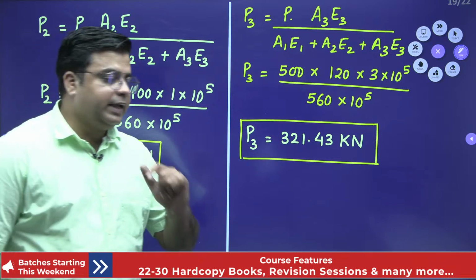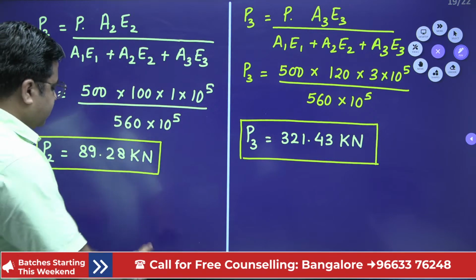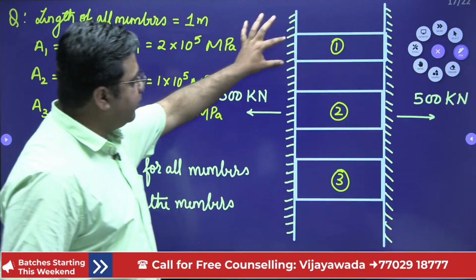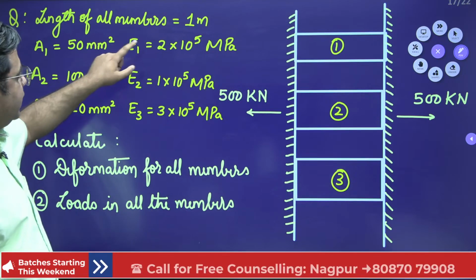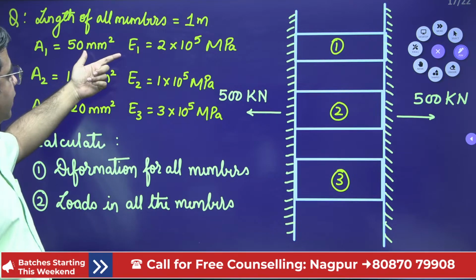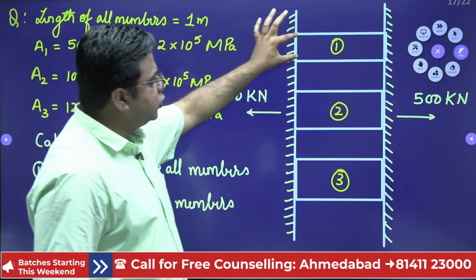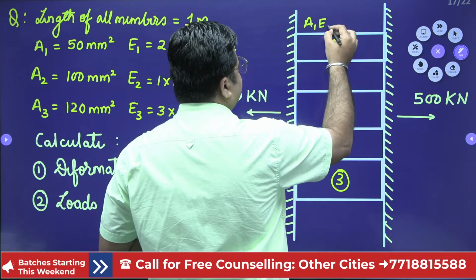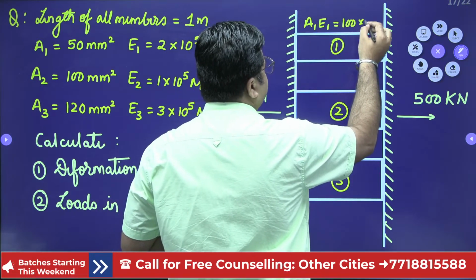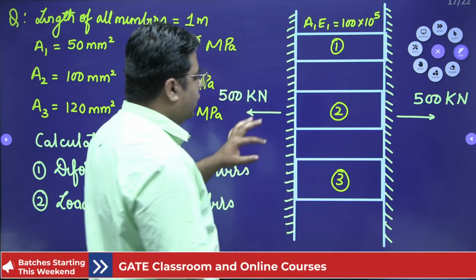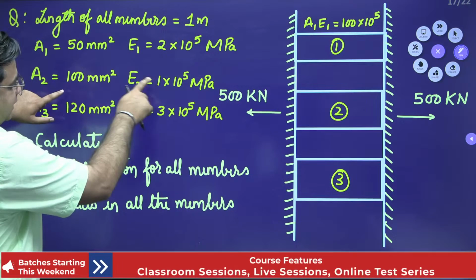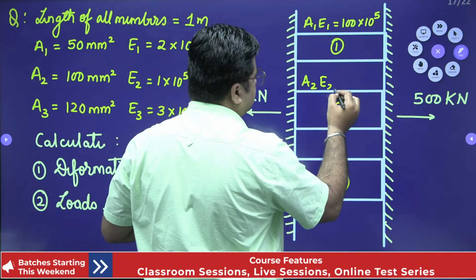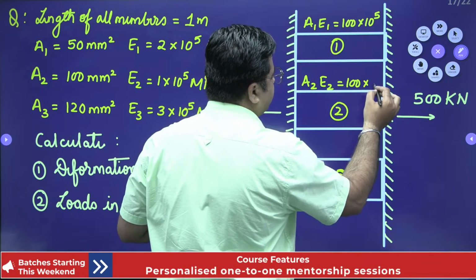Now observe this very carefully. Axial rigidity for member 1 is 50 into 2 into 10 raised to power 5. So this comes out to be 100 into 10 raised to power 5. For member 2, axial rigidity A2 E2 is also 100 into 10 raised to power 5.